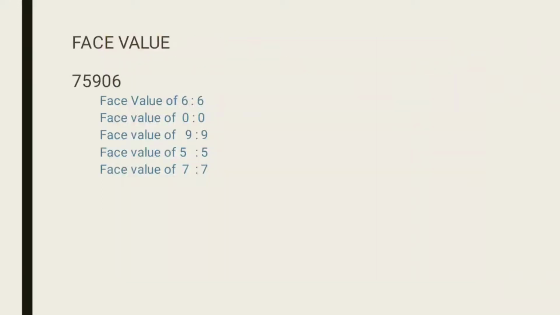Okay. Next example. Here is one more example, and the number is 75,906. So here we will find again the face value of every digit. We will start from ones place. 6 is at ones place, so the face value of digit 6 will be 6.